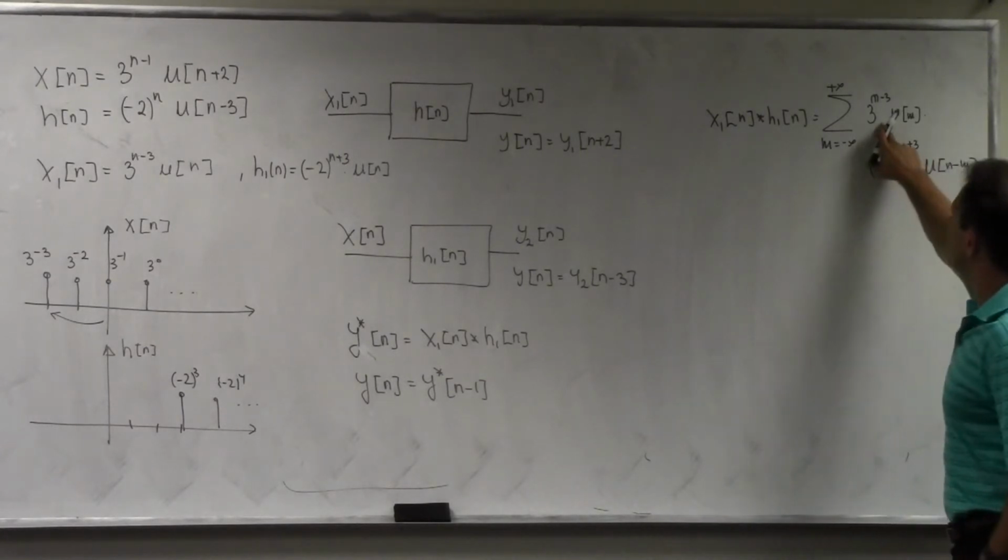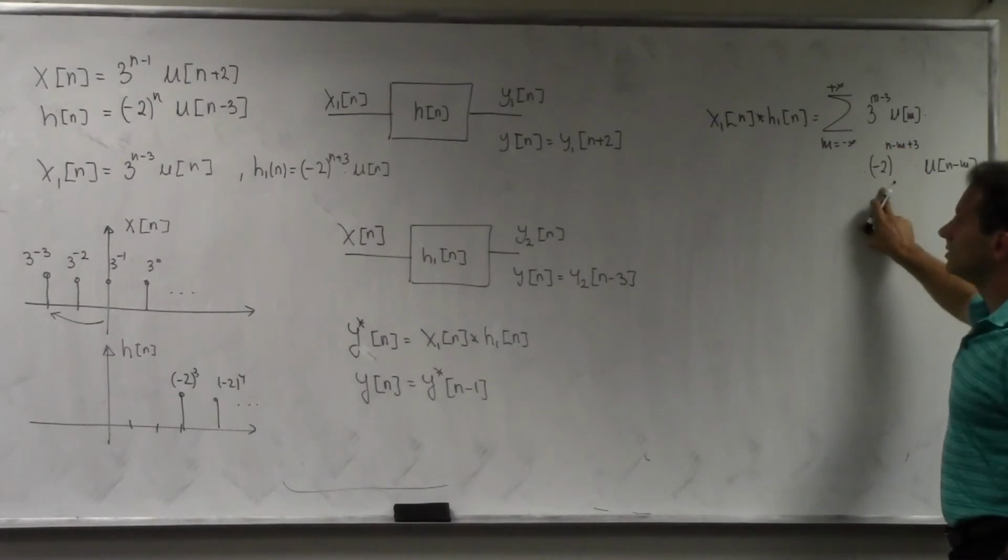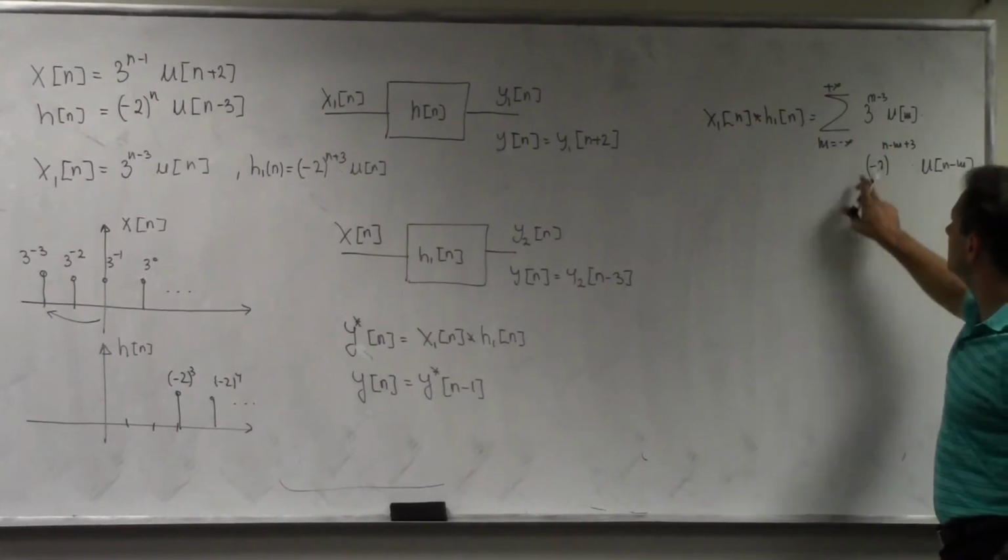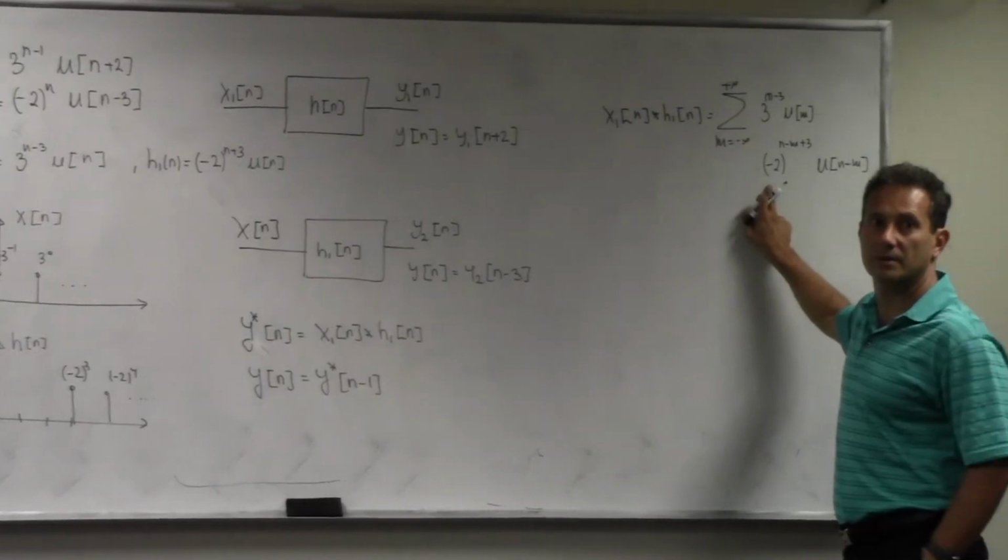What did I do? This is my x1 of m, and this is h1 of n minus m.